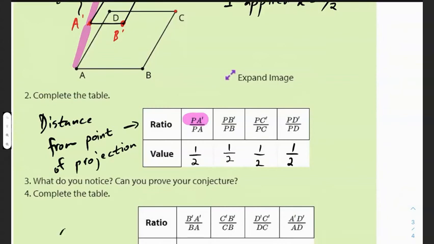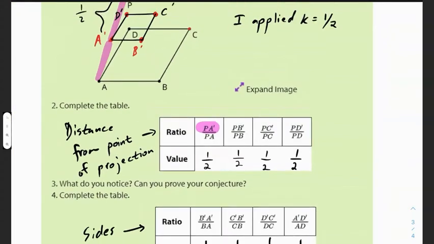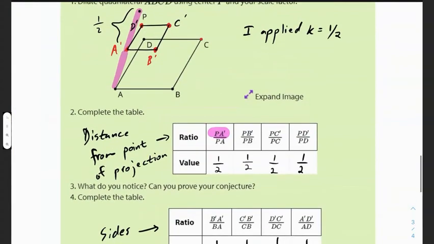And these are your sides. And guess what? Your sides have the same relationship to one another as does your distance from the point of projection. They all underwent the scale factor of a half. So B prime A prime is half of BA, right? Same thing with C prime B prime divided by CB.